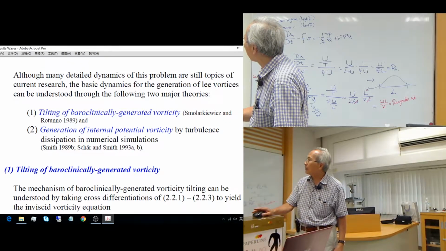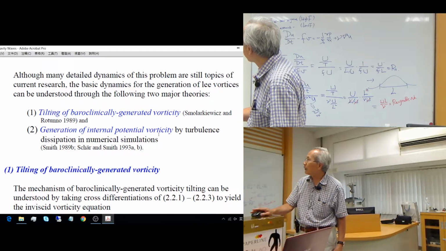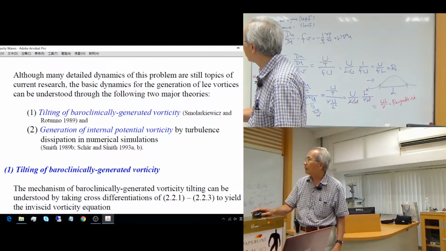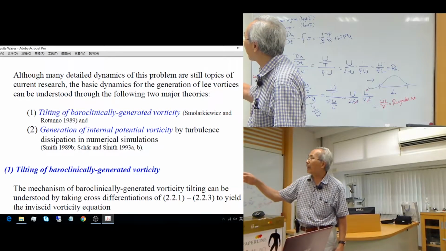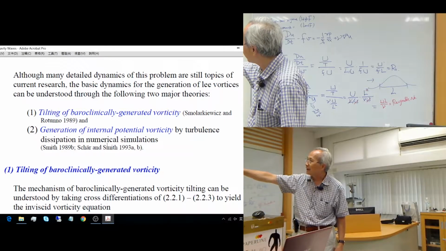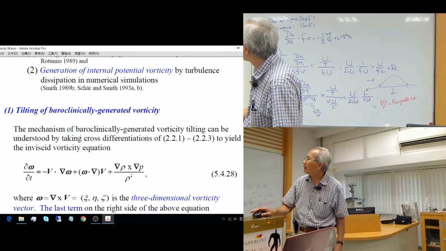The other group is led by Smith, and then Sheng and Smith. They say generation of internal potential vorticity by turbulence dissipation in numerical simulations. Apparently we cannot get down to this, so we will try to get to it this afternoon.